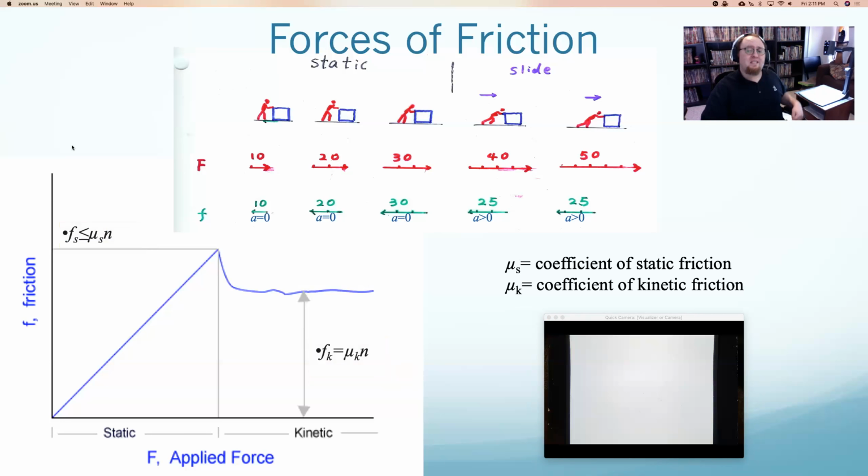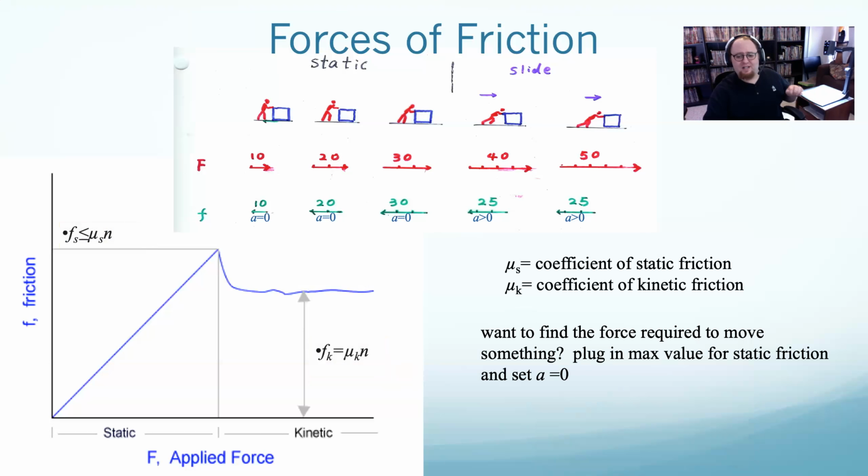Now, the reason for this. Oh, before I get into the reason for this, if you ever want to find the minimum force required to make something move, which is going to happen sometimes, I'll say problems like, how much force do you need to apply to get the thing to start moving? The minimum force to make something start moving, whenever you want to solve for it, will always be when static friction is a maximum and the acceleration is 0.